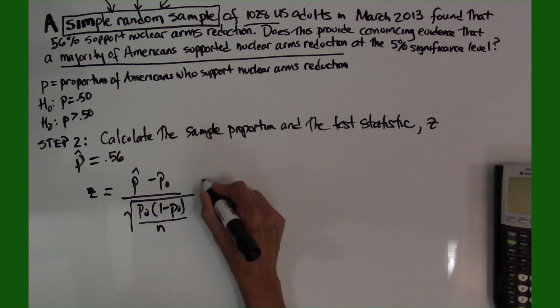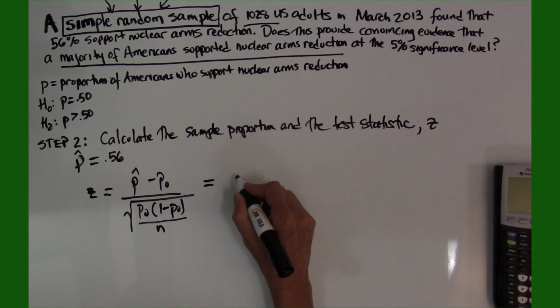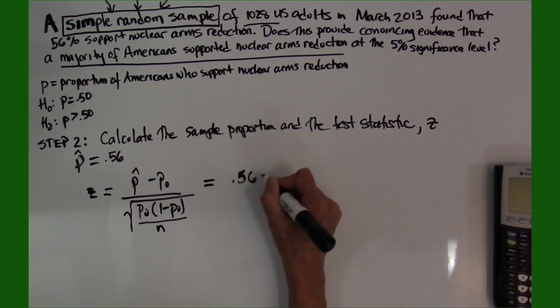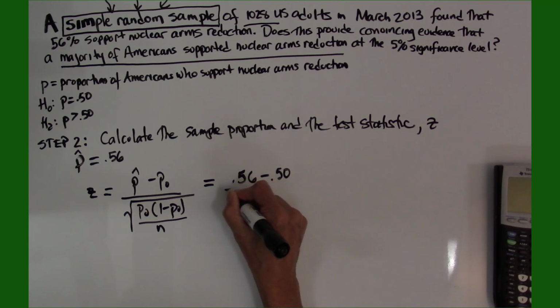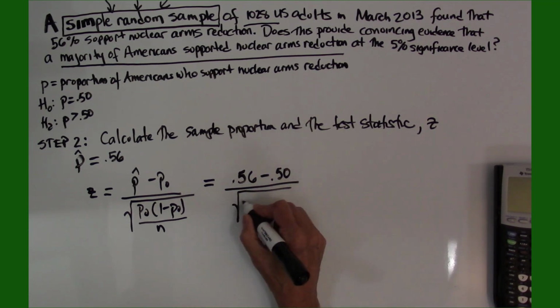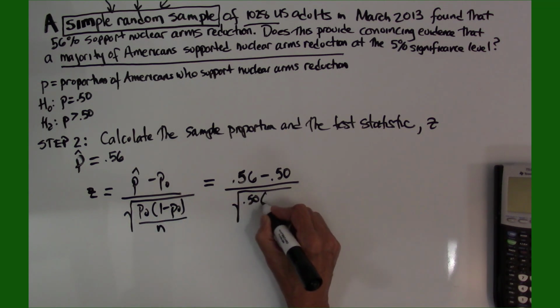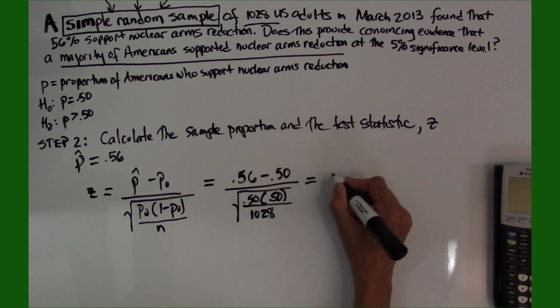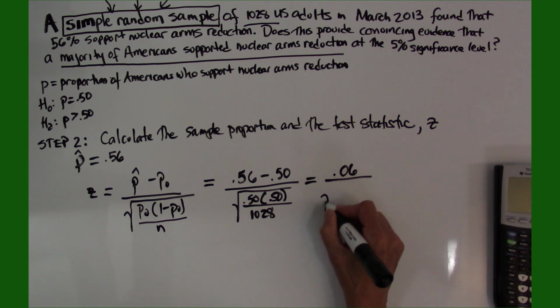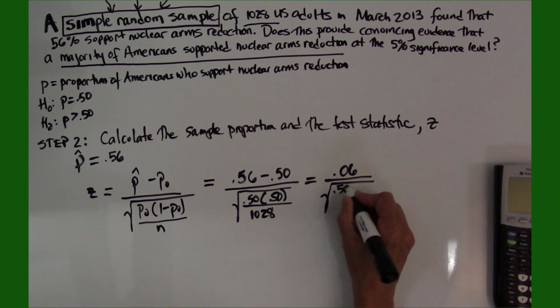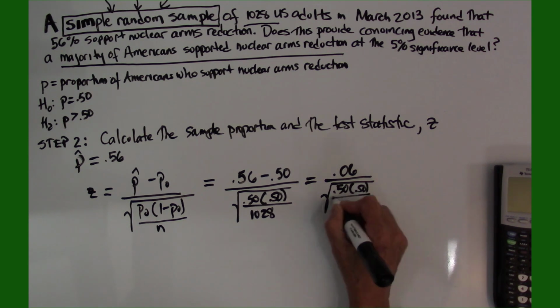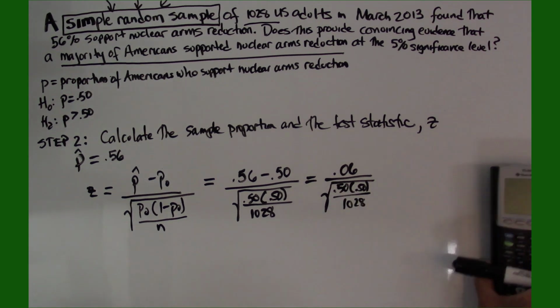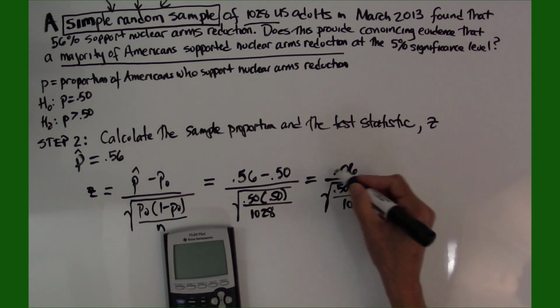Filling in all those values, I have 0.56 minus 0.50, divided by the square root of 0.50 times 1 minus 0.50, which is also 0.50, over 1,028. The numerator I can do in my head, 0.06, and I'm going to use my calculator for the rest.